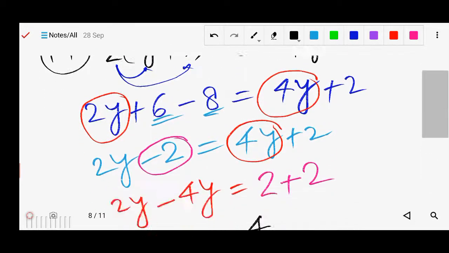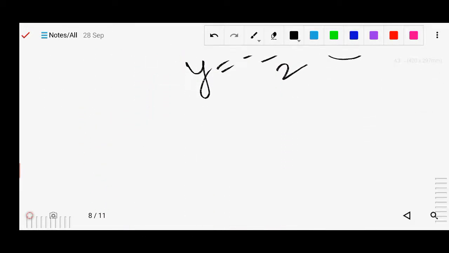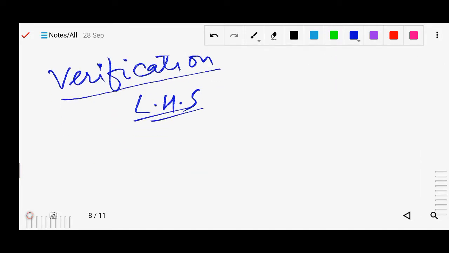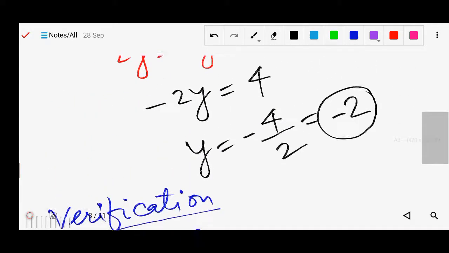Now we can check, we can verify, so we will do the verification. So first of all the left hand side. In the left hand side it is 2 under bracket y plus 3, minus 8. So what is the value of y we got? Minus 2.